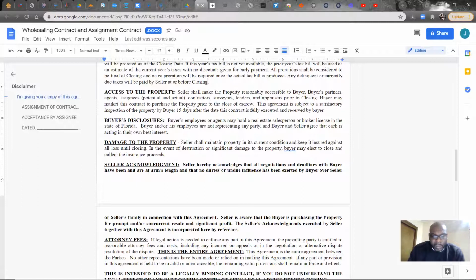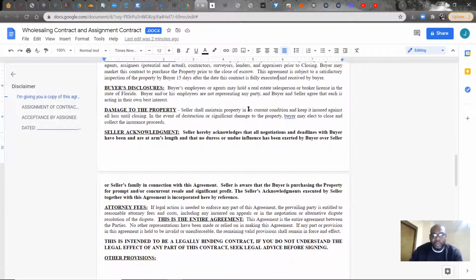And so this gives you the right to market the contract, subject to the satisfactory inspection of the buyer 15 days after the date this contract is fully executed and received by buyer. Buyer disclosure. Buyer's employees or agents may hold a real estate salesperson or broker's license in the state of Florida.